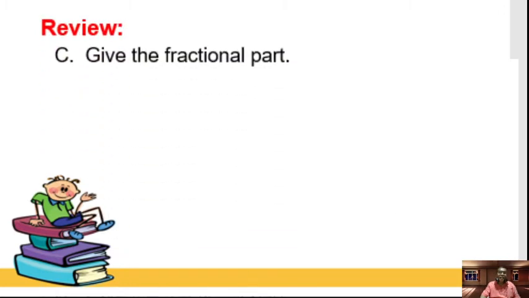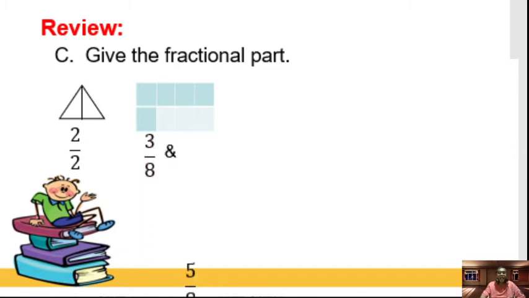And for letter C, give the fractional parts of the following figures. So that is equal to 2 halves. And this one, what are the fractional parts? So that is 3/5 and 5/8.